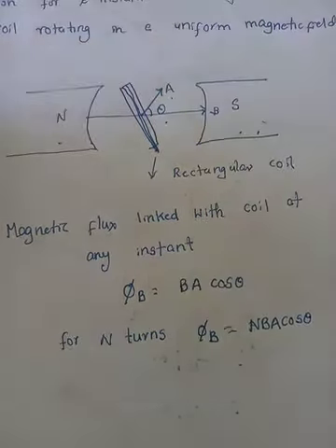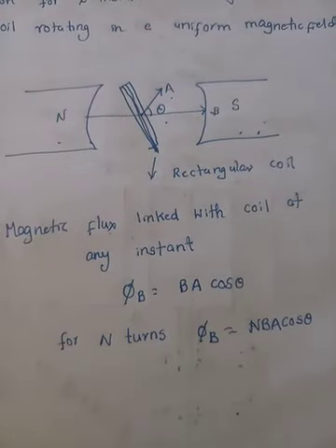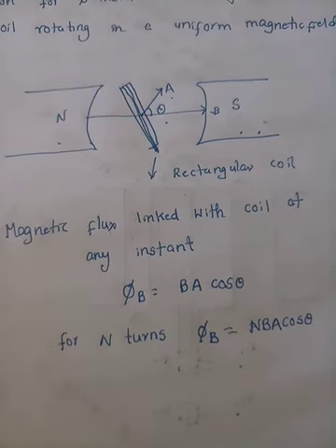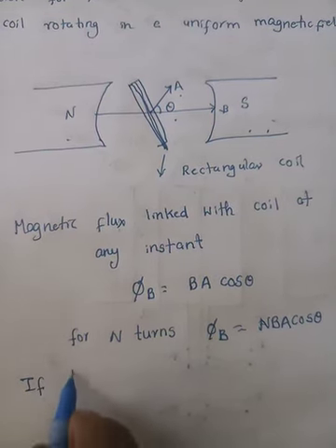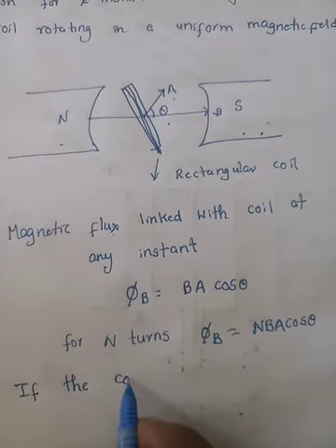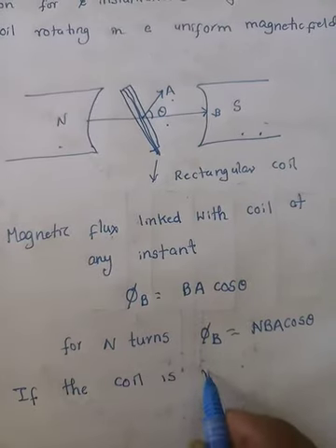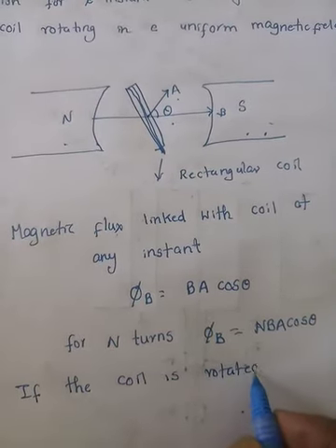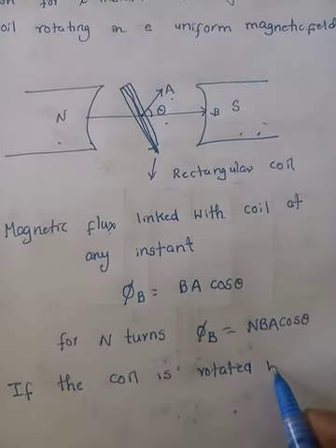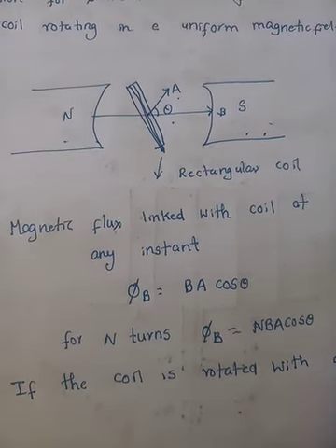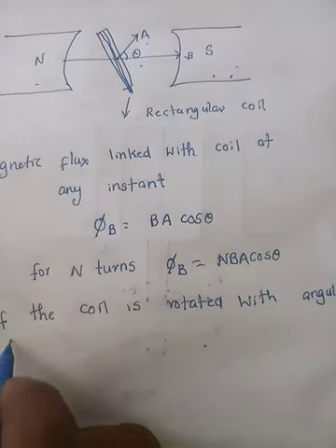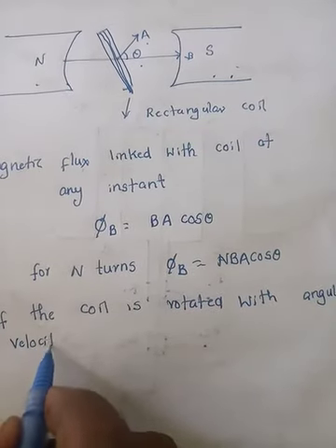Now, this rectangular coil is undergoing rotational displacement, which means angular displacement. I am rotating the coil with the help of mechanical energy with angular velocity omega.